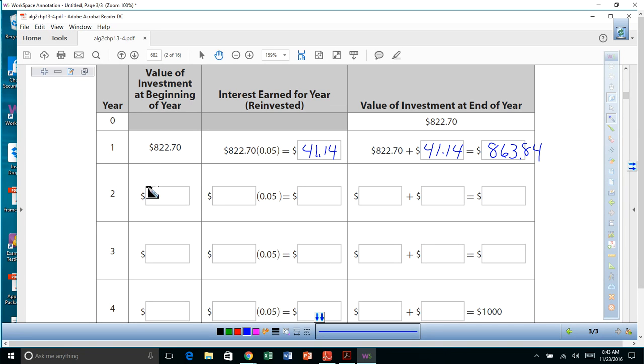All right, beginning the next year, they take that $863.84, multiply it by 0.05, and the interest that you earn that year is $43.19. So they're going to add $43.19 to the $863.84, and your bond is now worth $907.03.